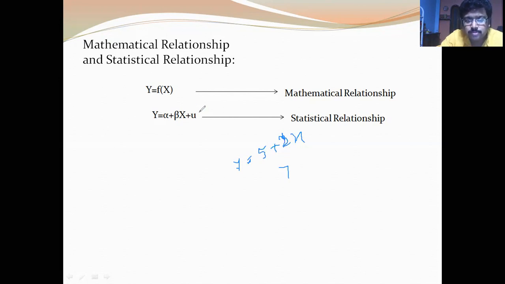This u term is included in a statistical relationship. This is the disturbance term, this is the error term. So this error term is included in statistical disturbance.